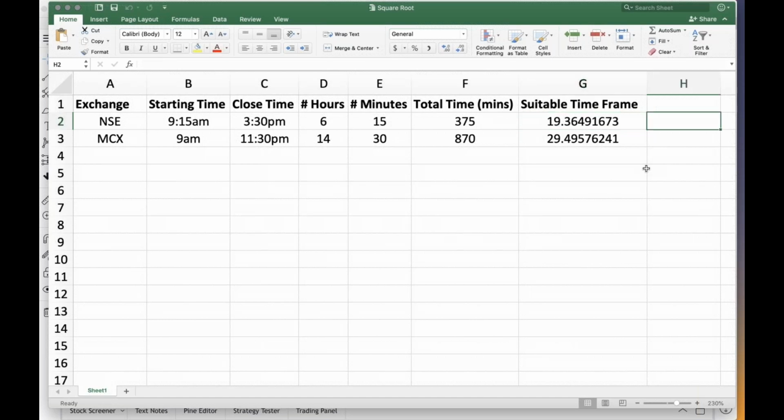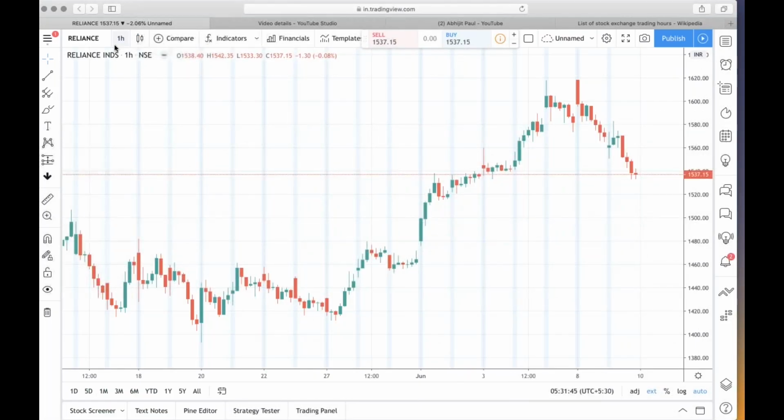If you boil it down to total minutes, it comes to 375 minutes. And if you take the square root of 375, it comes to around 19.36. So let's say 19 minutes.